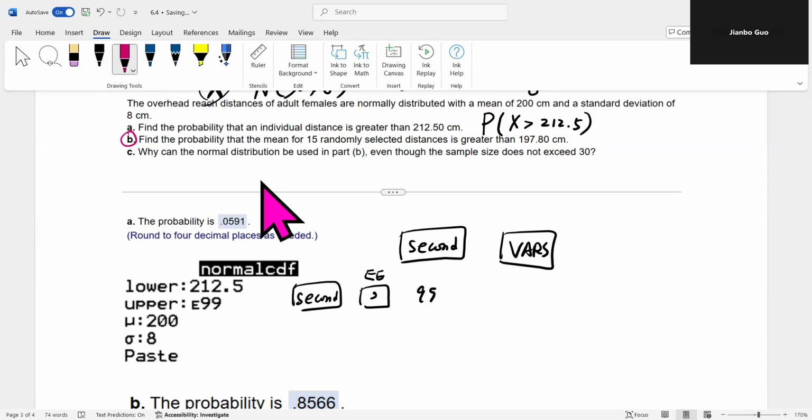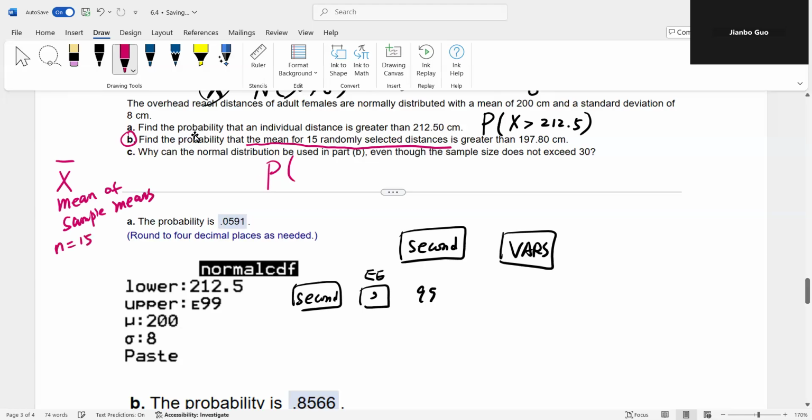Part B is to find the probability that the mean for 15 randomly selected distances, that is, the sample mean, is greater than that value. So we can use X bar to represent the sample means for the samples with size 15.